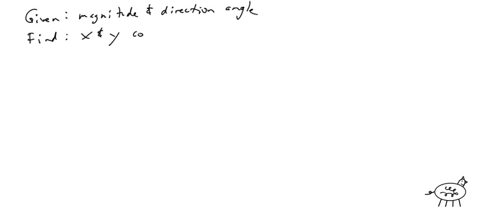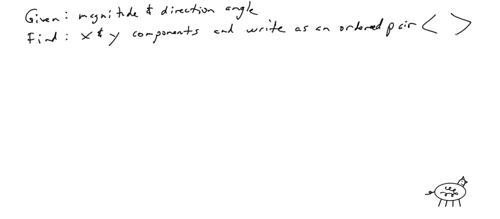You're going to be given the magnitude and direction angle, and I want you to find the x and y components and write them as an ordered pair, which of course you guys know we're going to use our brackets. All right, so here's your first example.